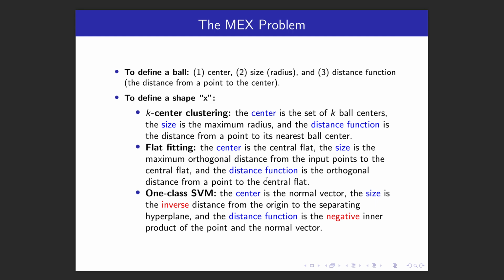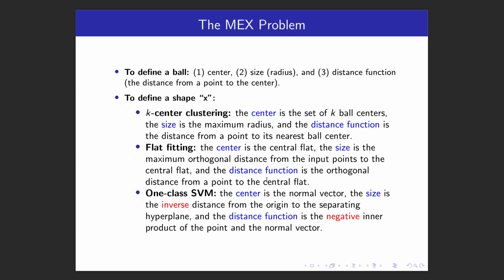So if we want to transform the problem to a minimization problem, we just use the inverse distance as the objective function. And also we define the distance function to be the negative inner product of a point and the normal vector. Here we use a very special distance function because it's just convenient for our following analysis for SVM.